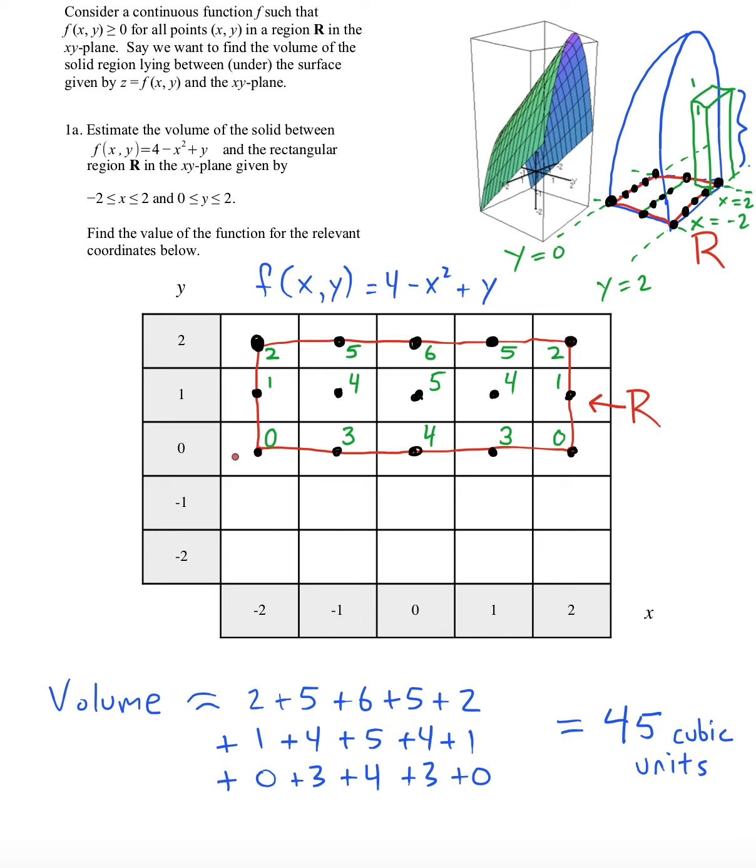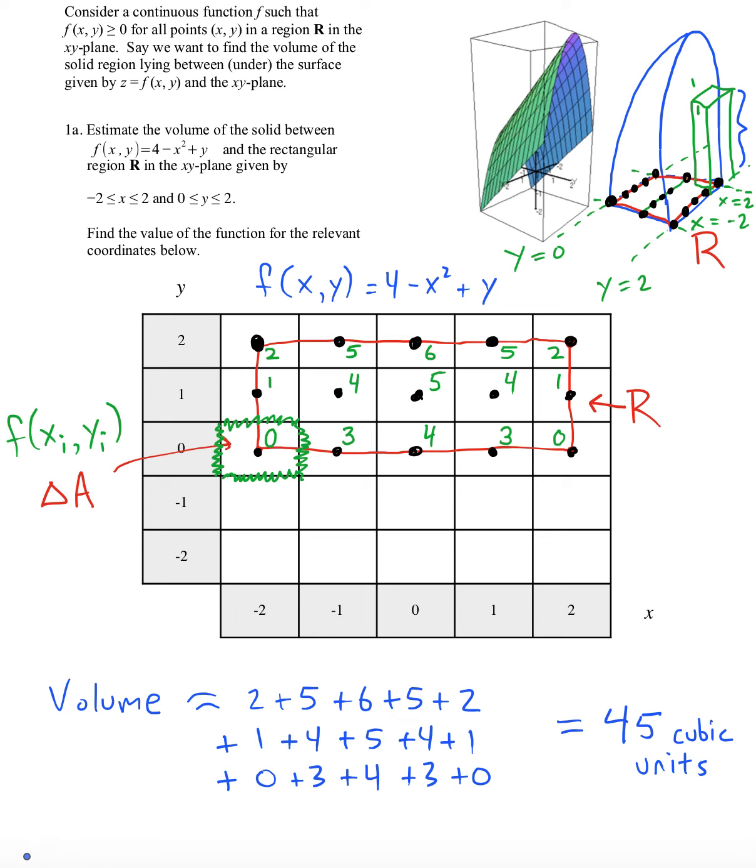Each of these squares represents what's called a delta A, or dA. And remember that the height is f of xi comma yi.